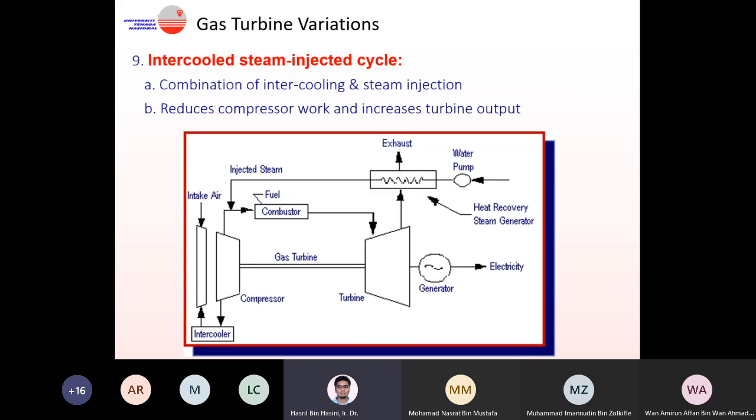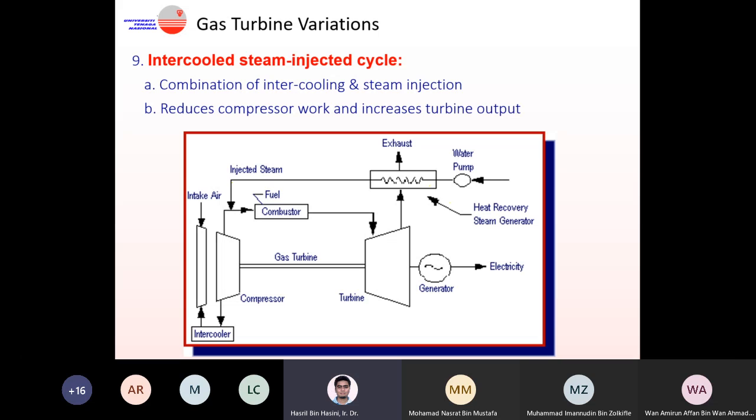Okay, I think the next two methods here are actually a combination of one or two of the previous methods. So let's say, for example, here you have intercooling plus the steam injected cycle. So it means you are adopting the intercooling. Intercooling is you cool down the air that goes through each stage of the compressor.